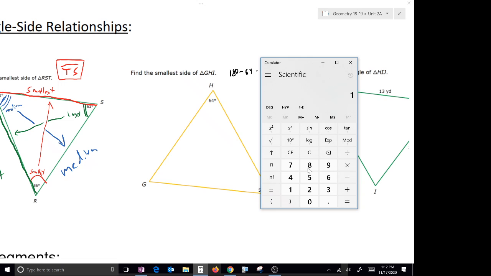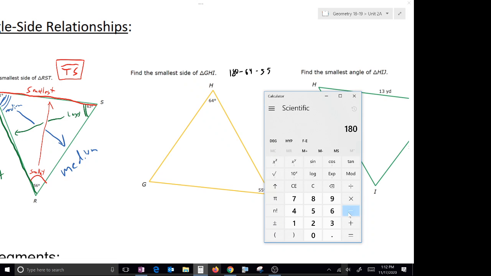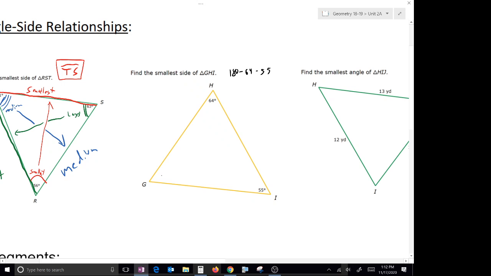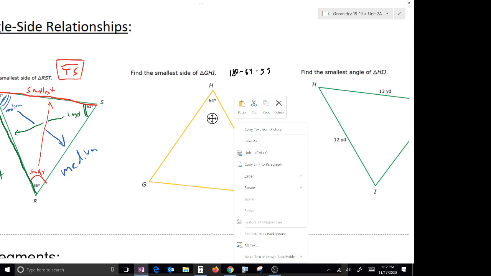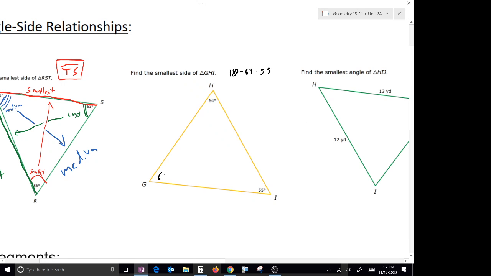Let's go ahead and do that. 180 minus 64 minus 55 equals 61. So that's 61 degrees. So that's going to tell us that G is the smallest angle.